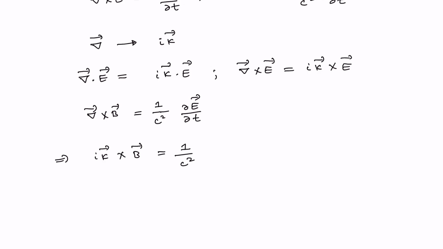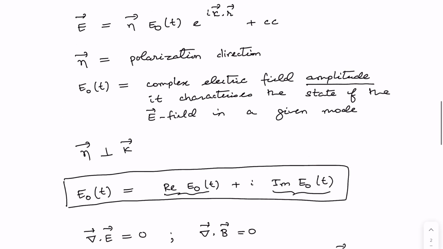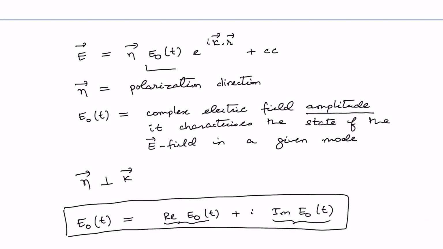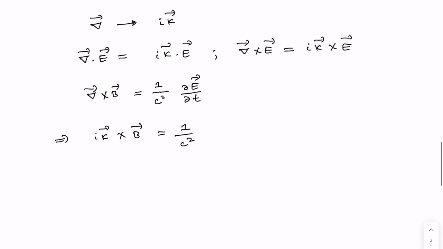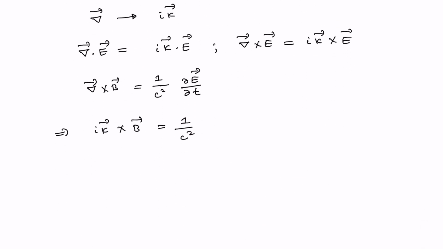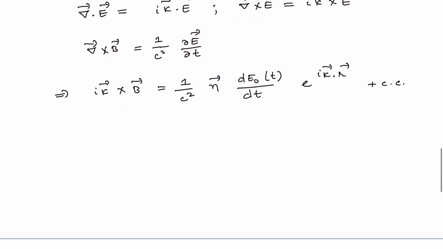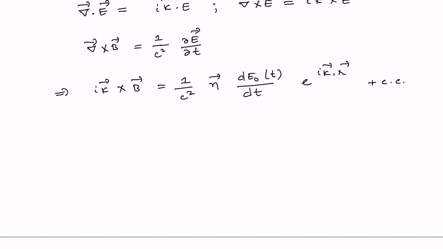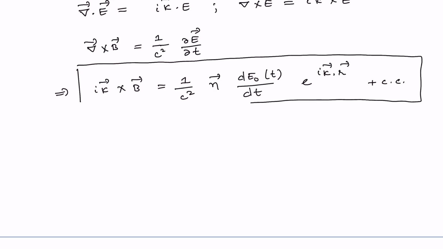In the electric field, the time dependent part is only there in the complex amplitude, so I can write on the right hand side of this equation eta dE0 of t dt e to the power i k dot r, and then the complex conjugate part is also there. We are basically building our analysis on this equation.